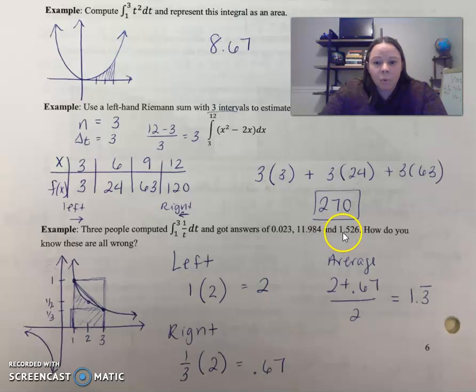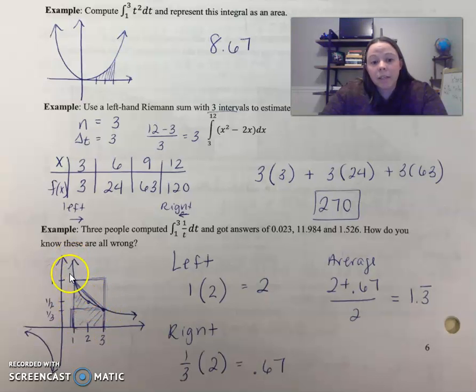And notice that 1.526 falls between my 2 answers. So let's average and see what happens. So when you average these 2 together, so I add, divide by 2, you get 1.3 repeating. And you might still say, oh, I don't really still have enough, but you do. Because if you come over here, technically averaging these together is giving you this trapezoid here. That's the area of this trapezoid.